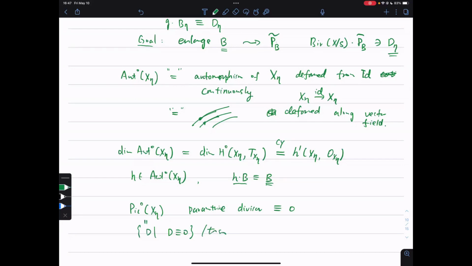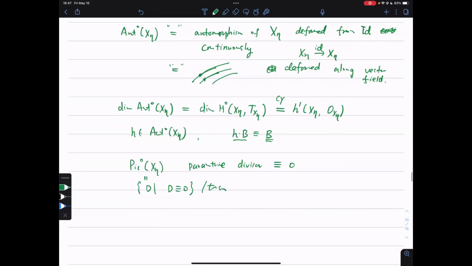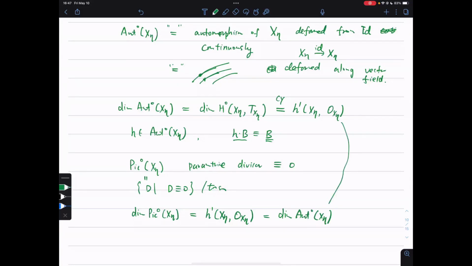This is also an algebraic group, and this Picard zero has dimension equal to the irregularity, which means H1(X_eta, O_X_eta). So it happens to be equal to the dimension of the automorphism group, as we explained here. You see there are some similarities between these.